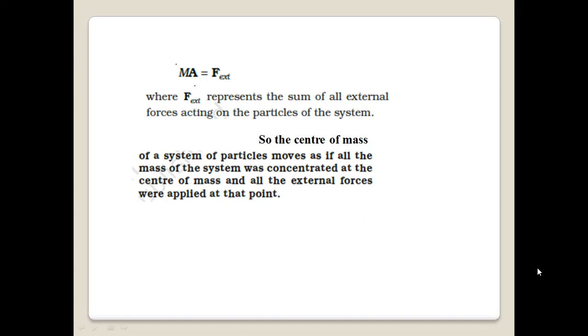So M into A on the left side for the center of mass is equal to the sum of all the external forces acting on the particles of the system. So we can conclude that the center of mass of a system of particles moves as if all the mass of the system was concentrated at the center of mass and all the external forces were applied at that point.